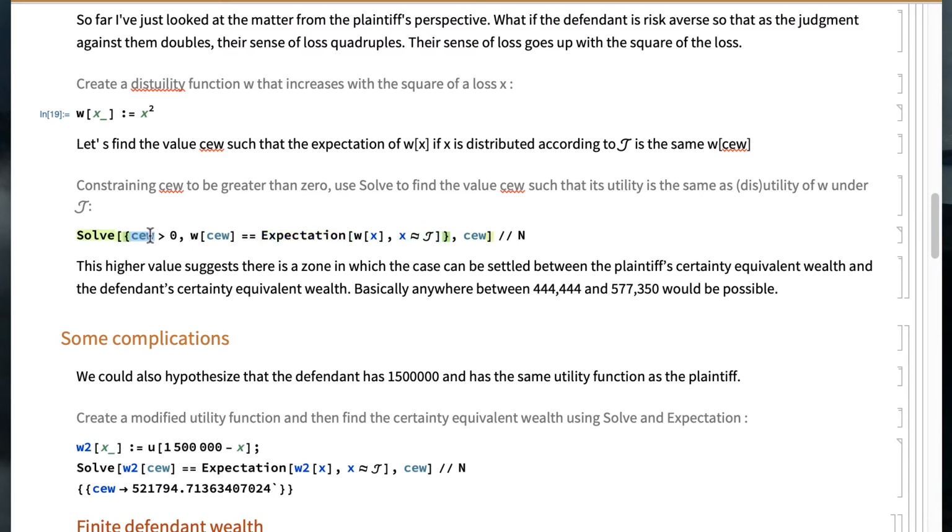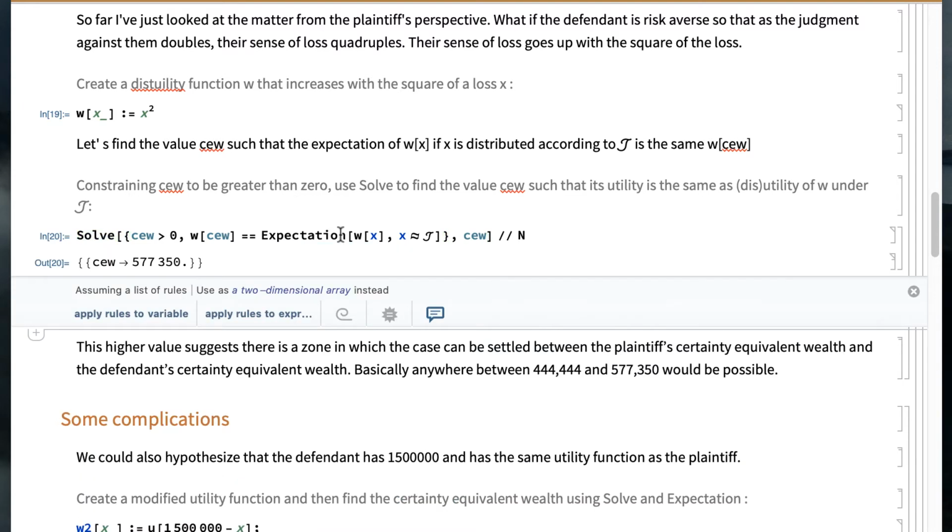And just to make the algebraic solver happy, we're going to tell it, hey, that SU better be greater than 0. And we're going to postfix this with a /n so that it gives us a number rather than some elaborate fraction. So when we run this, it turns out that the defendant is willing to pay up to $577,350 to get rid of this lawsuit if it's subject to a sense of loss that goes up as the square of the loss.